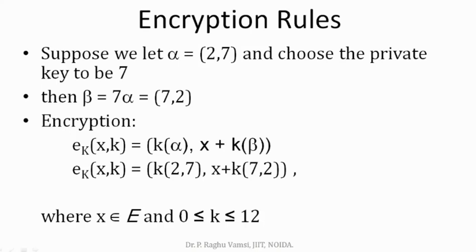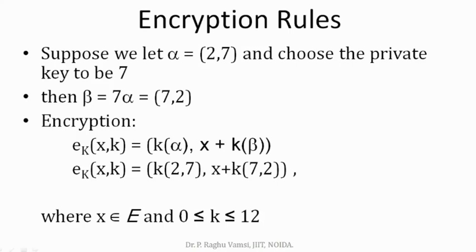As we just discussed, ECC gives us the facility to choose whatever private key we want. Suppose we have the point alpha equal to 2 comma 7. Assume that this may be the key, and choose a private key 7. Then beta is equal to 7 alpha. That means you have to get the beta value as 7 alpha.